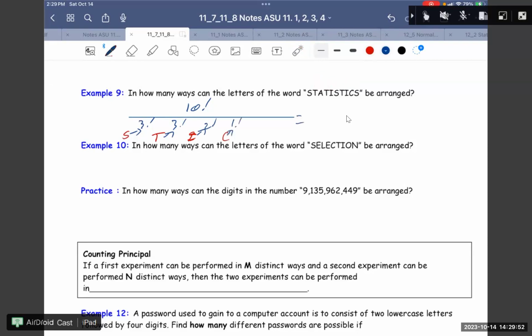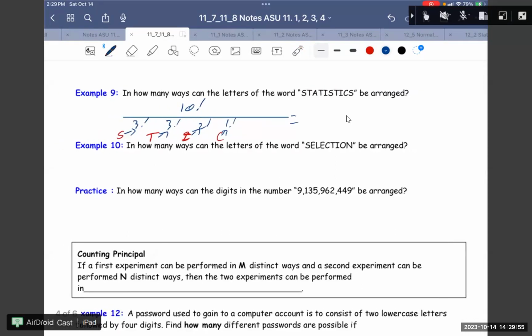So this one we can do as the calculation. We can say 10 times 9 times 8 times 7 times 6 times 5 times 4 times 3 times 2 times 1 over 3 times 2 times 1, 3 times 2 times 1, and 2 times 1 and times 1. So this one, the 6 is gone.